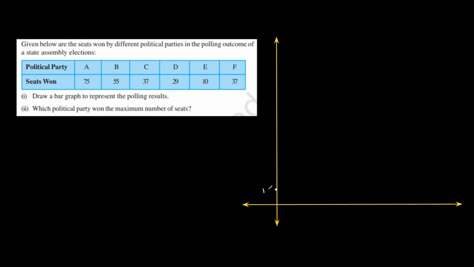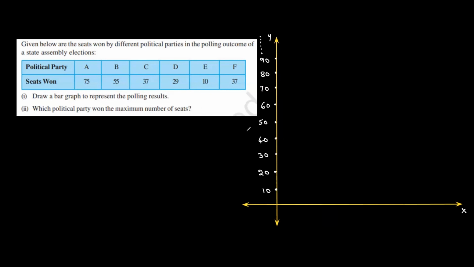So I'm marking that first on the y-axis: 10, 20, 30, 40, 50, 60, 70, 80, 90, and so on.